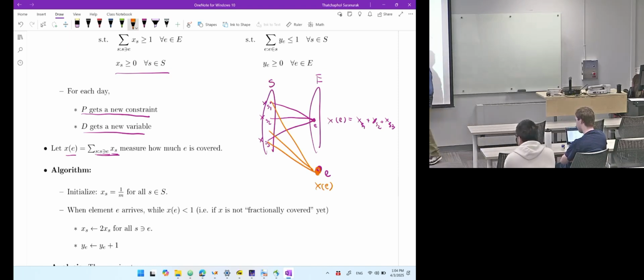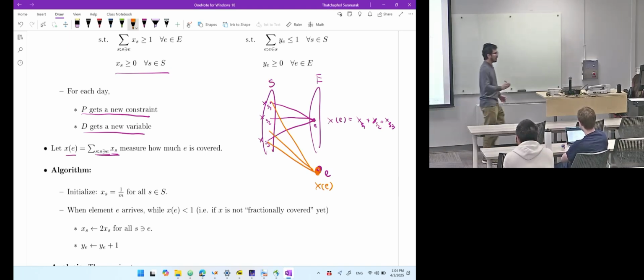Some of the sets I already chose to some extent, some I might not have chosen at all. If X_E is at least 1, then it's already fractionally covered, so I don't need to do anything. It's good for me already.